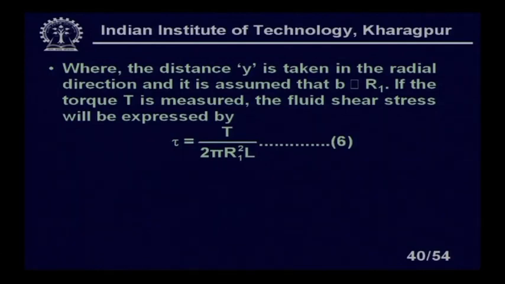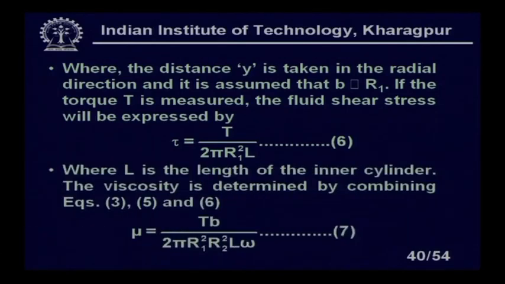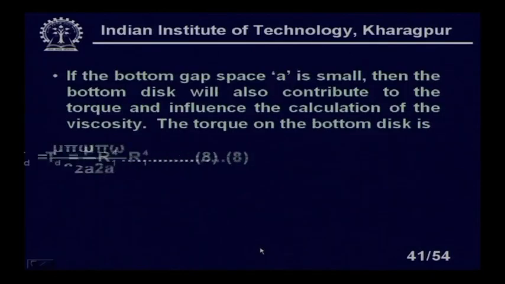So, where L is the length of the inner cylinder, the viscosity is determined by combining equations 3, 5, 6: mu equals T B upon 2 pi R1 square R2 square L into omega. This is equation number 7.